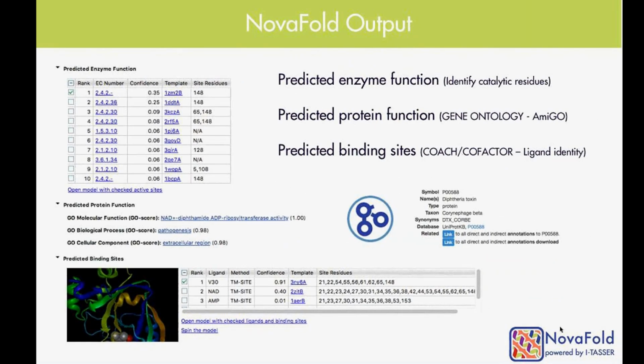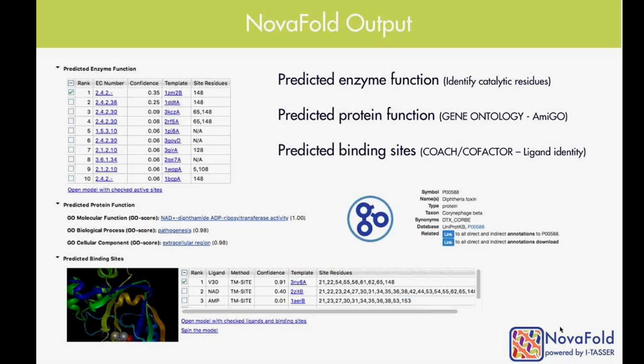Continuing on with the NovaFold output, throughout the NovaFold prediction, it also runs calculations to predict protein function. If you have a sequence of a protein of unknown function, it will make a determination, based on fold recognition, of predicted function, whether this is an enzyme that has a turnover capability of a small molecule.